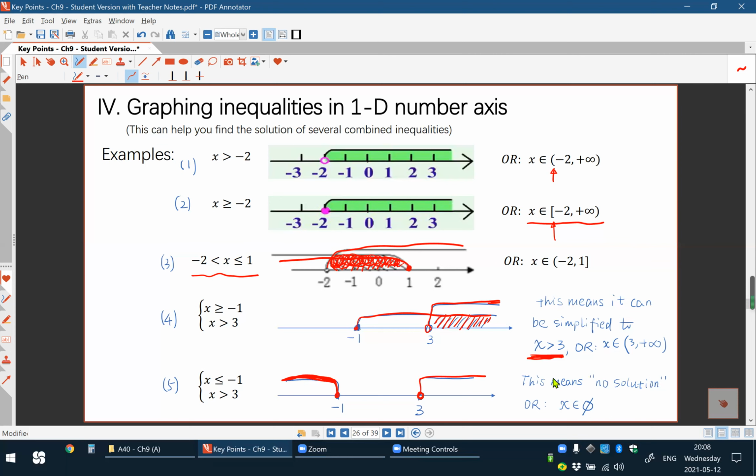Okay. Now, do you know how to graph inequalities on the 1D number axis now? Any questions? So in practice, oftentimes we use this to help us find the solutions.